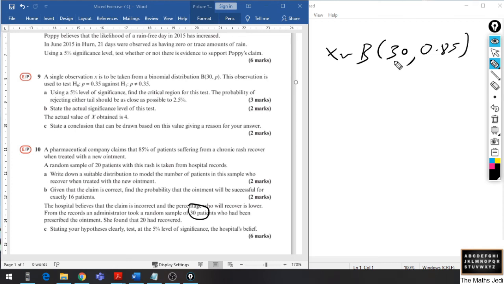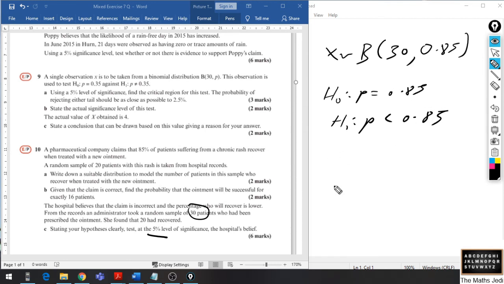Now this won't be found on the tables, you'll have to use a calculator for this, so I'll do that in a sec. She's finding that 20 had recovered, and she's being told to state your hypothesis clearly, test at a 5% level of significance. So testing the hypothesis that P is 0.85, but we want to test if the probability is lower than 0.85.